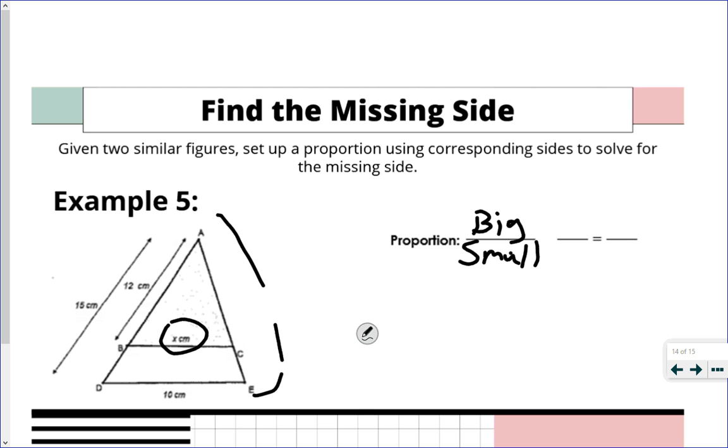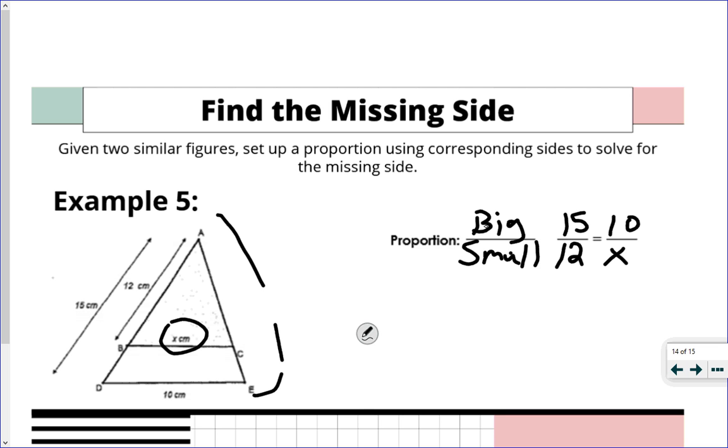It's BC, so we want to make sure that we include that in our proportion. So the measurements I'll pick for my big triangle, I'll pick 15 and 10. For this triangle, it's pretty easy. There aren't any other numbers to pick. For a smaller triangle, our sides are 12 and x.